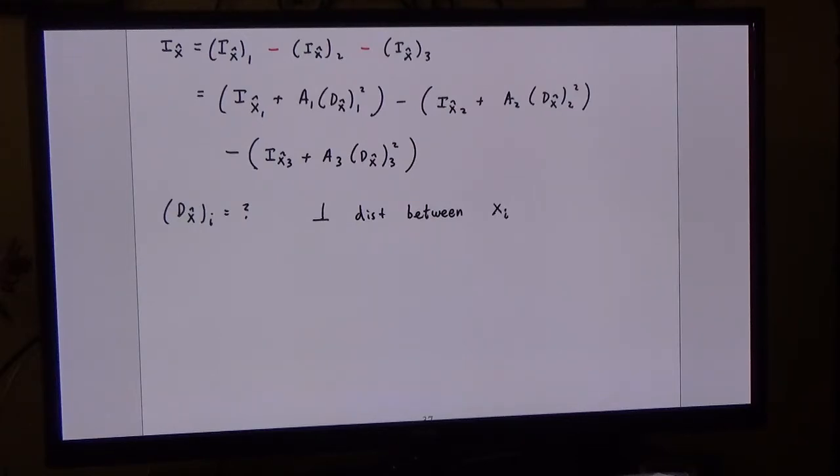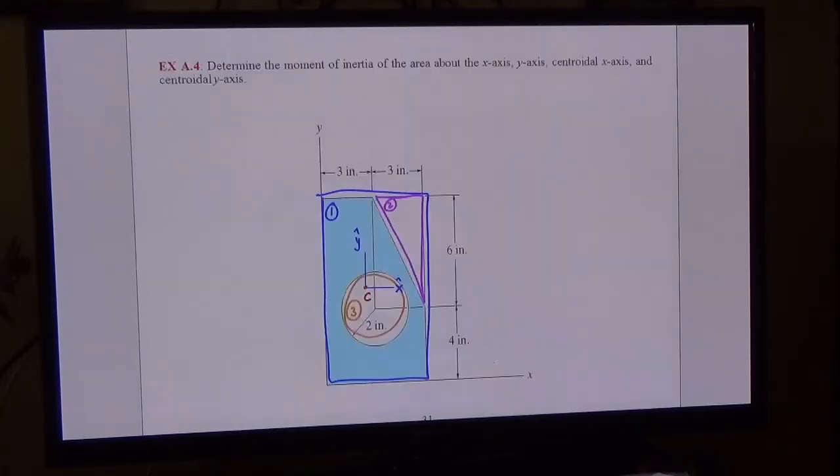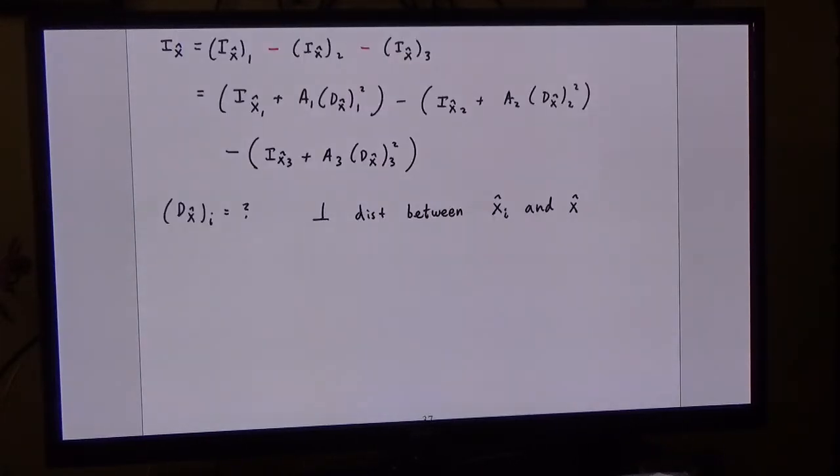So in order to help us find this, I'm going to go back and sketch out the part and the body. So I'm going to grab this original figure here, copy this down, and paste it onto a new slide.